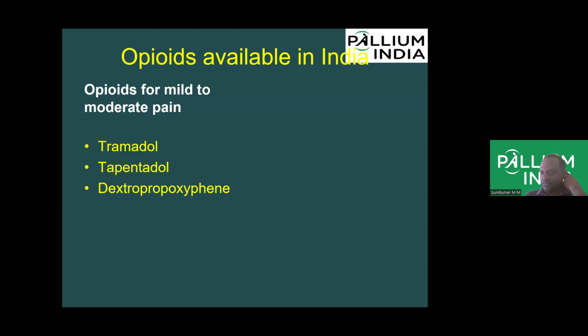I don't know if any of you know about this medication, but it was used during 2000, maybe 2010 up to 2015, I think. It was available as Proxyvon, which contains dextropropoxyphene and paracetamol. But then the use was suspended in 2016 or 17, something like that. Now it has come back into the market. And codeine also. So these are the opioids for treating mild to moderate pain which are available in India.